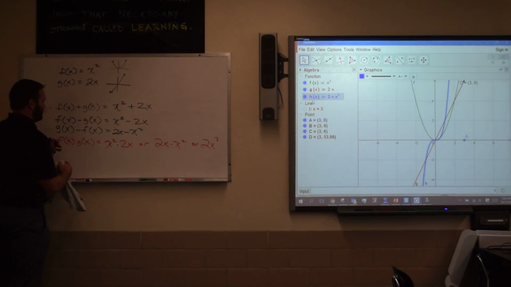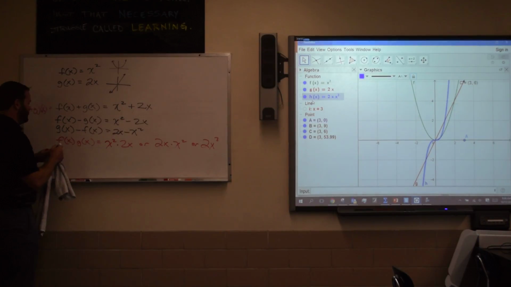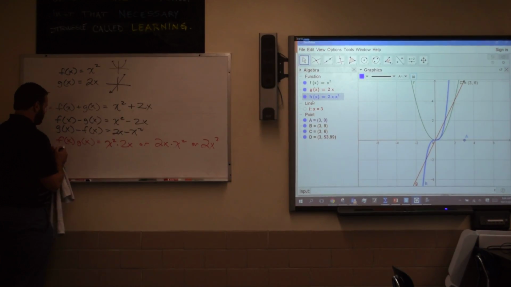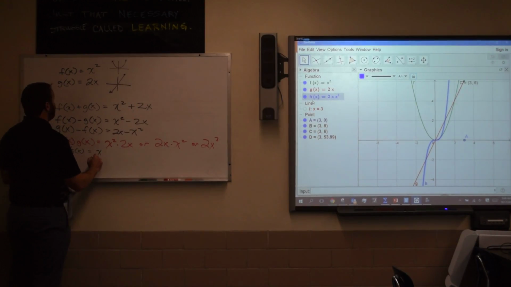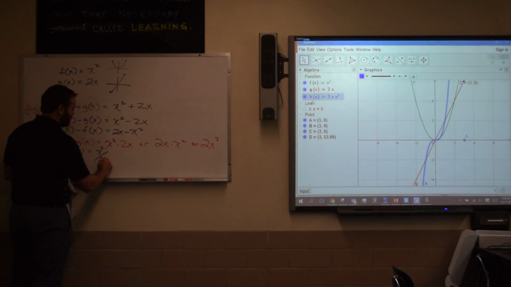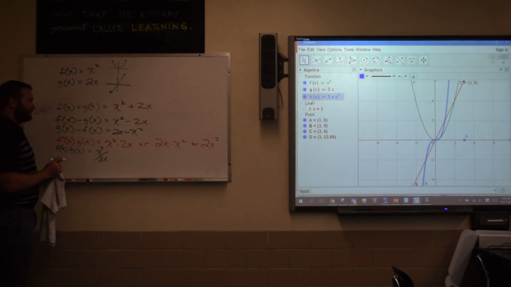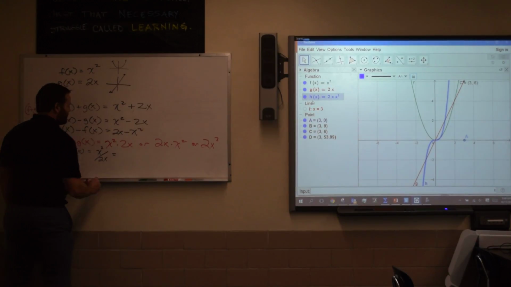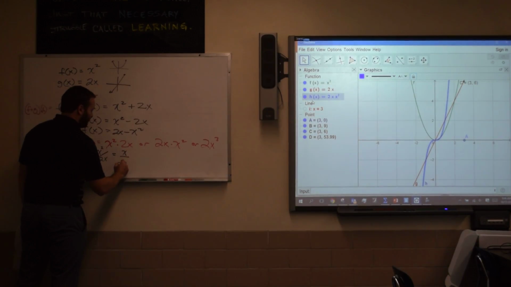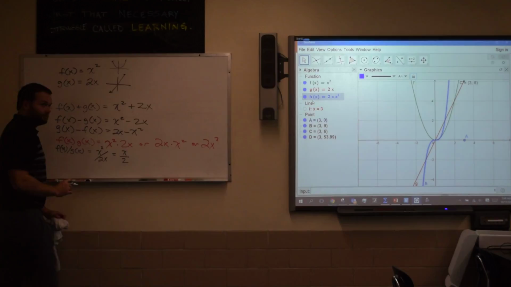The last one is division, and division is the one that people struggle with the most. We've got the idea that we take f of x divided by g of x. Okay? So in this case, we have f of x being x squared, and then g of x being 2x, right? I can do some simplification there. We can rewrite that as x over 2.